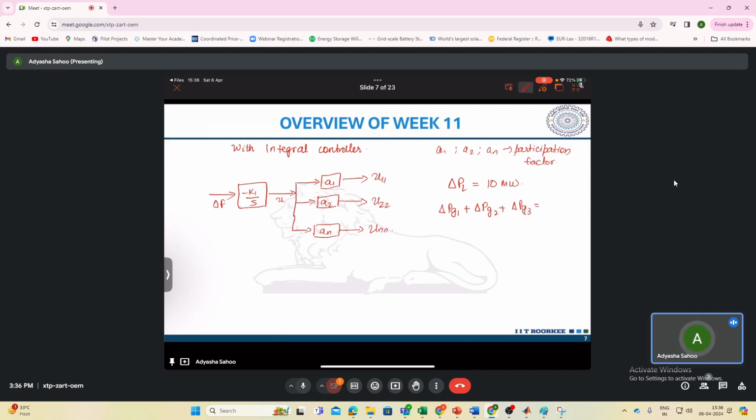Because we have the integral control action, so we had seen that this sum is exactly equal to change in load in this case. Now all these three generators will share this load disturbance, but how much which generator is going to share will depend upon their economic characteristics.